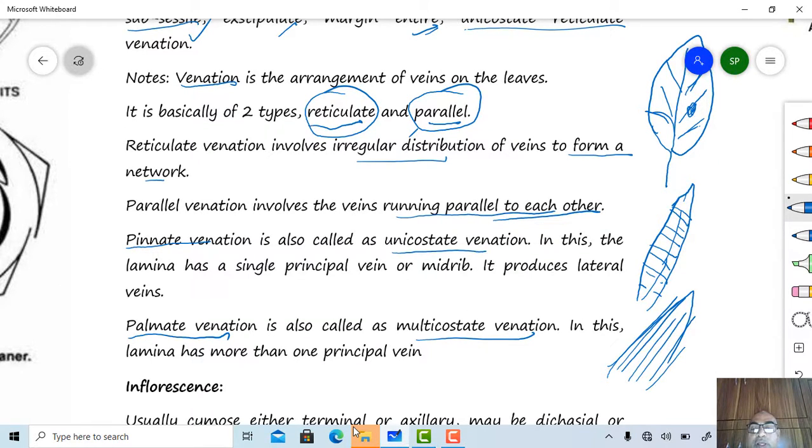Pinnate, which is called a unicostate venation, in this the lamina has a single principal vein. If suppose this is a lamina, if a single principal vein is present, then it is called unicostate. It produces lateral veins. Such lateral veins may be produced in case of unicostate venation.